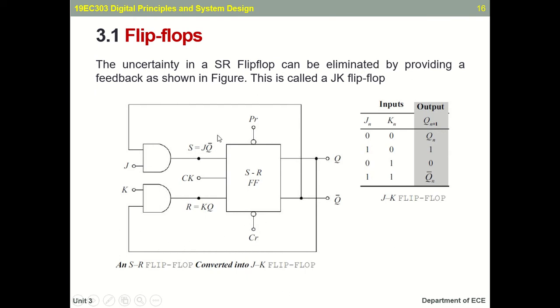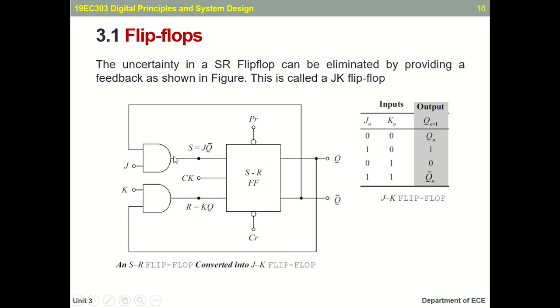In this, J and K are fed as input to two AND gates, wherein Q bar is given as an input to the AND gate which contains the J input, and Q is given as an input to the AND gate which has K as its input.